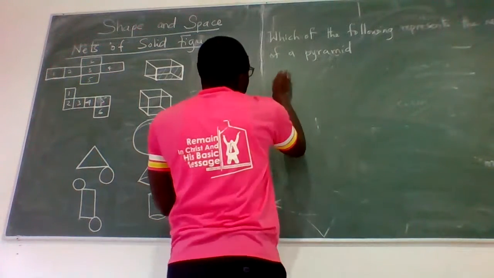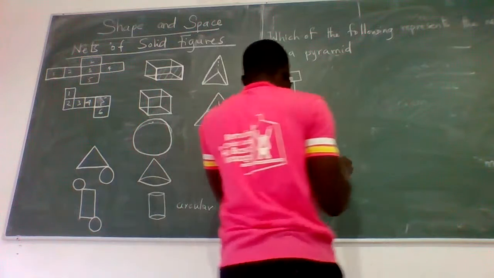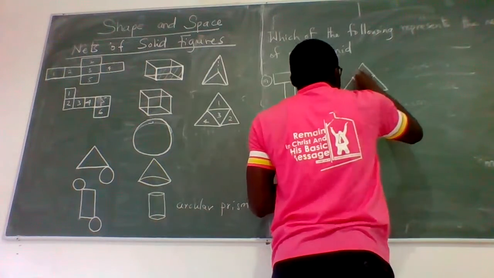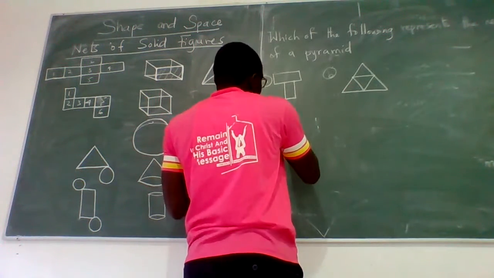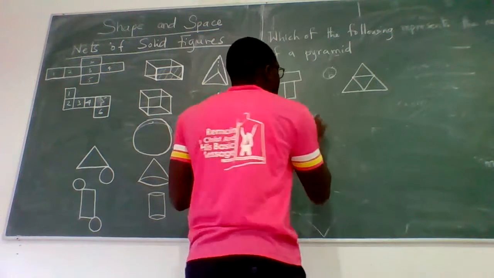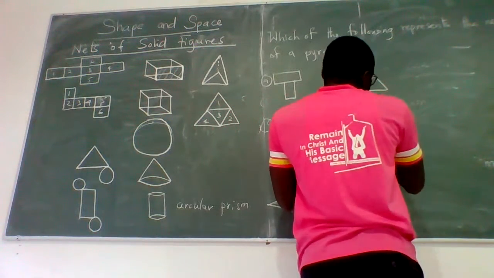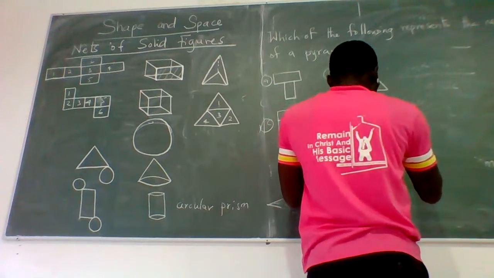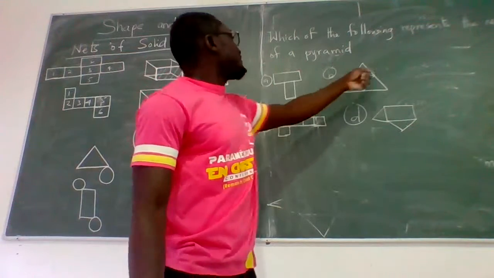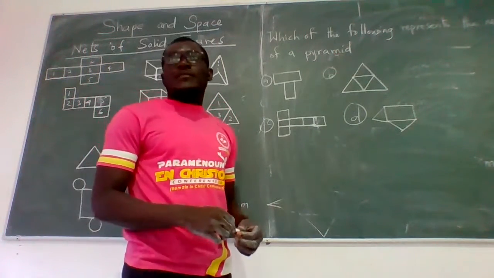And the possible answers they gave were option A, option B, option C, and then option D. So we have option A, option B, option C, and option D. And then the question is, which of these diagrams represents the net of a pyramid?